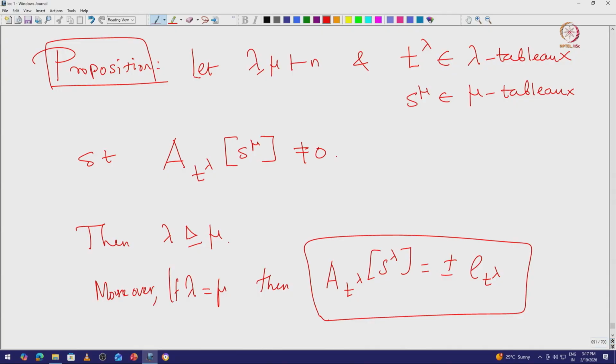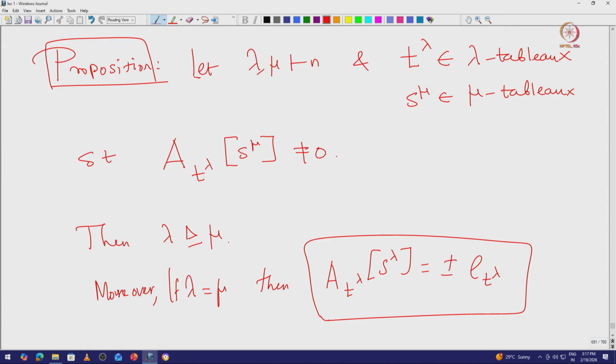You take lambda and mu being two partitions of n, and fix T lambda and S mu, which are tableaux such that A T lambda applied on S mu is non-zero. Then we can conclude that lambda must dominate mu, and not only that, whenever lambda equals mu, when you apply A T lambda on S lambda, you always get a multiple of E T lambda.